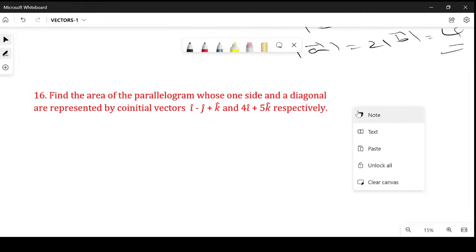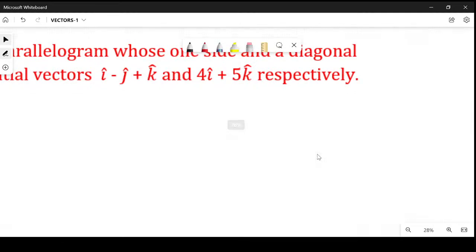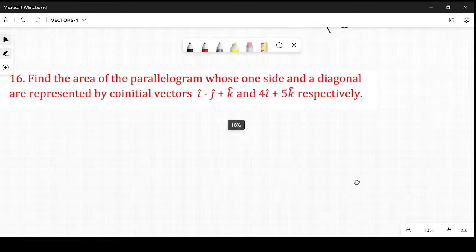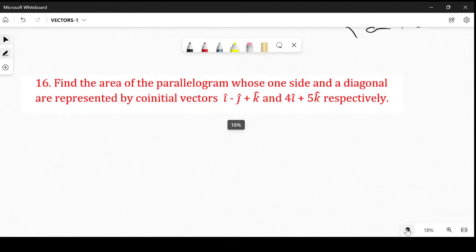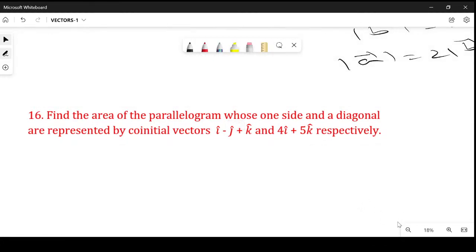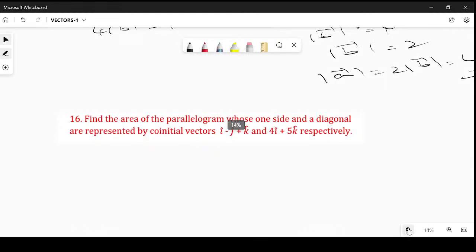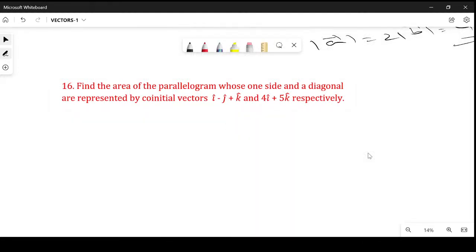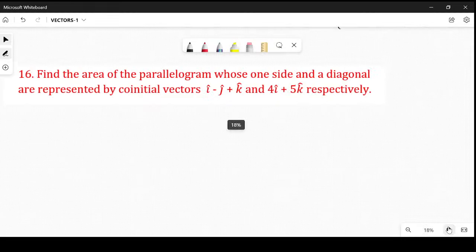Find the area of the parallelogram whose one side and a diagonal are represented by co-initial vectors respectively.